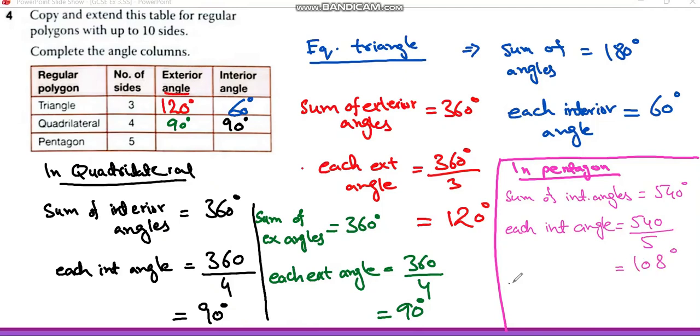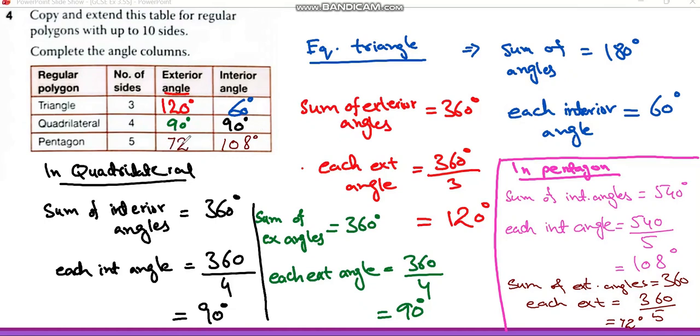Now to get the size of the exterior angle, we know the sum of exterior angles in all polygons should be equal to 360. So for each exterior angle, we can divide 360 by 5, and that will be 72 degrees. So we can complete this table: the size of each interior angle will be 108 degrees and 72 degrees will be the size of each exterior angle.